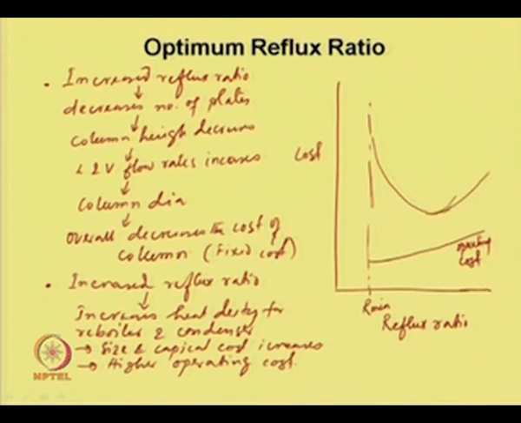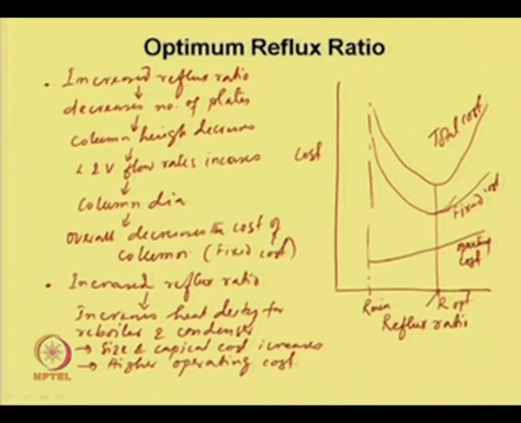So, this is the fixed cost. So, the total cost will have a minimum. This gives the R optimum, that is the optimum reflux ratio for the operations.